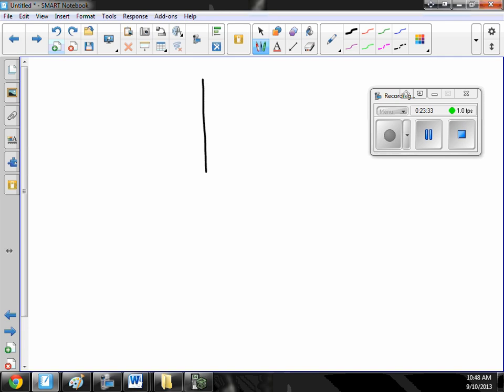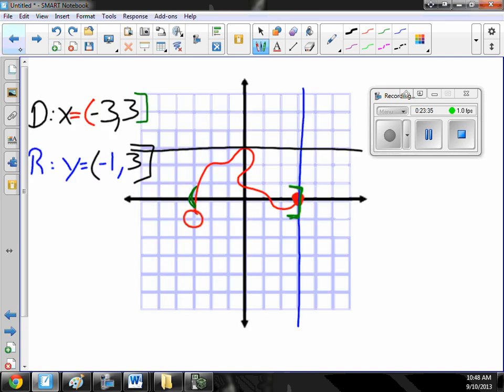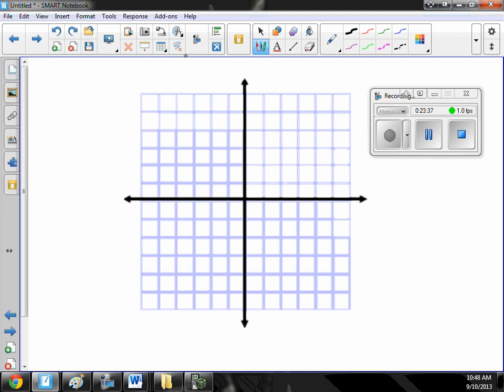Well, let's use this. And this will be an arrow too. All right. Domain.